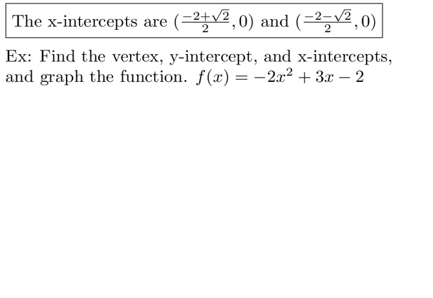I got my cord tangled up again. I need to get a wireless or something. Okay, negative 2x squared plus 3x minus 2. And we're finding the vertex, the y-intercept, the x-intercepts, and graphing the function.